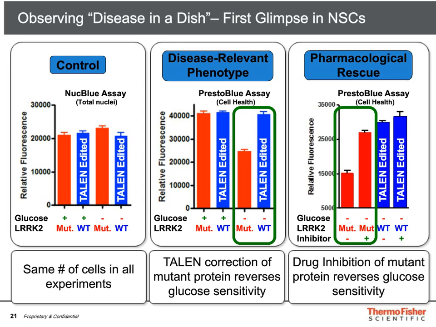So basically what we've done here, and this is a very, very early snapshot, is that we have created a matched set of disease and corrected iPS cell lines from patient samples, and on a very first pass we're seeing the type of pharmacology or biochemistry that we would expect from that genotype.